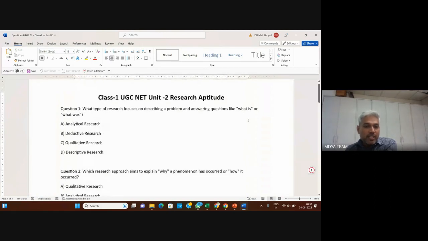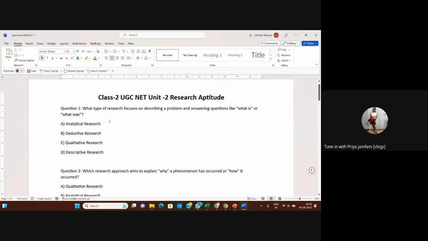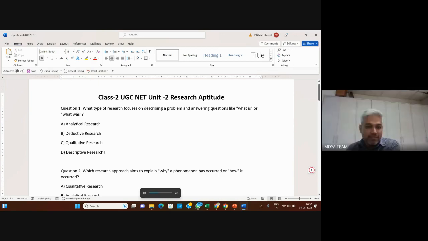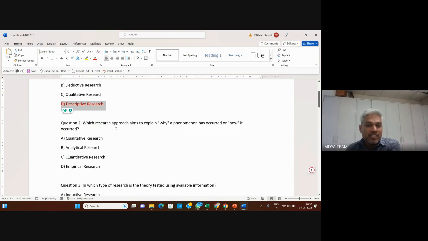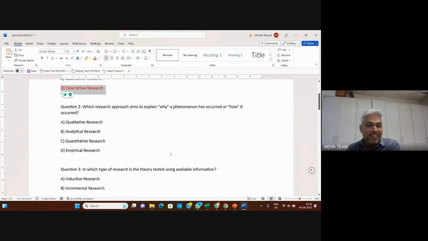Now the first question is: what type of research focuses on describing a problem and answering questions like what is or what was? Answer: descriptive. Next: which research approach aims to explain why a phenomenon has occurred, how it occurred? Analytical.